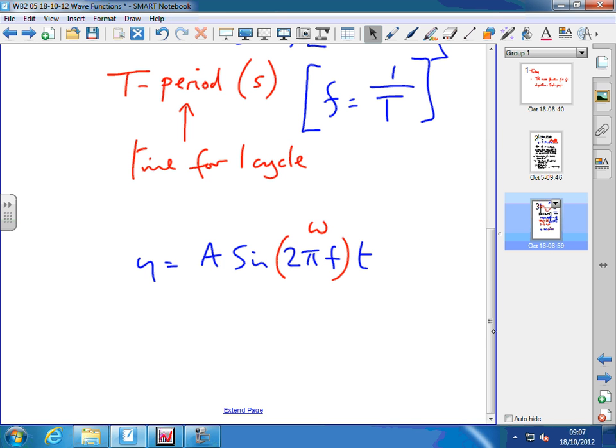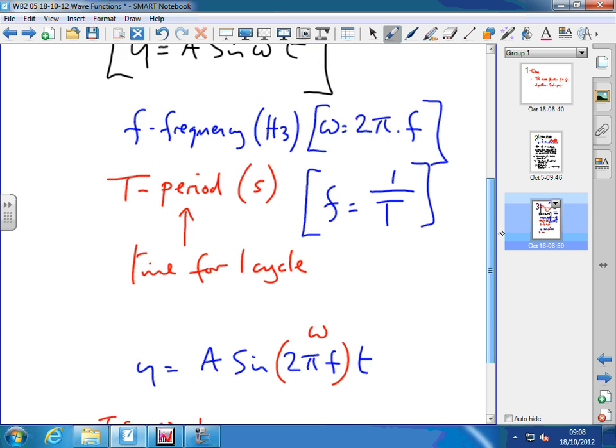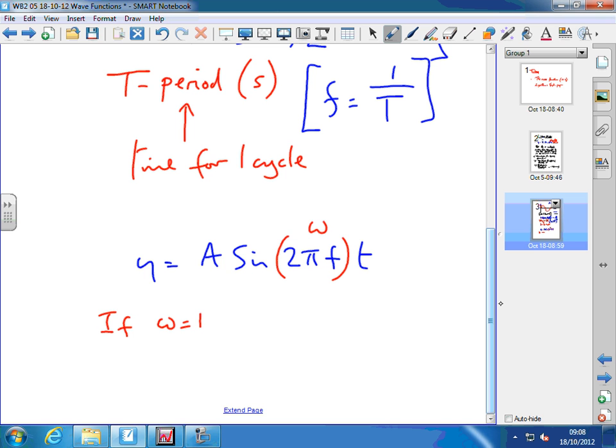So if you set omega equal to 1, which we did when we first put this in, then from this equation, omega equals 2 pi f. So from the bottom equation, f is 1 over T, omega equals 2 pi over T.